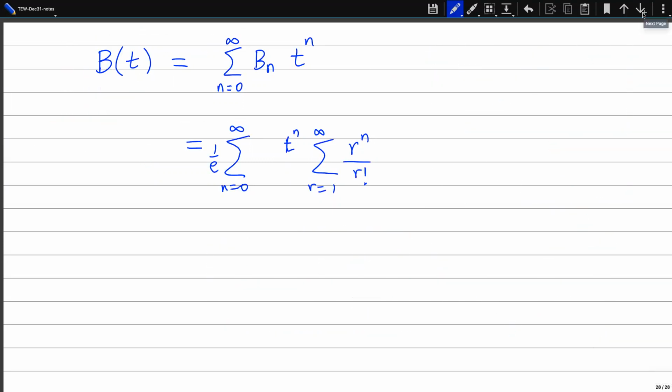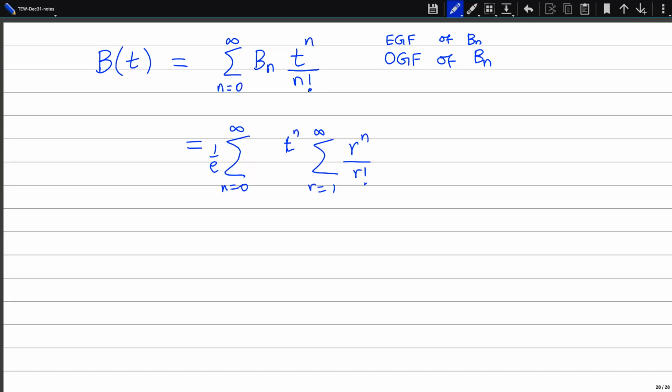Now remember, this is what you would call the ordinary generating function of the bn's, of the Bell numbers. But instead, suppose we look at the exponential generating function of the Bell numbers, which is the series bn t power n by n factorial.